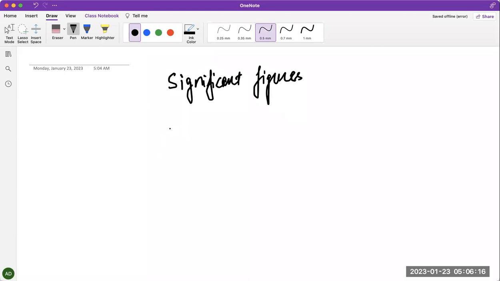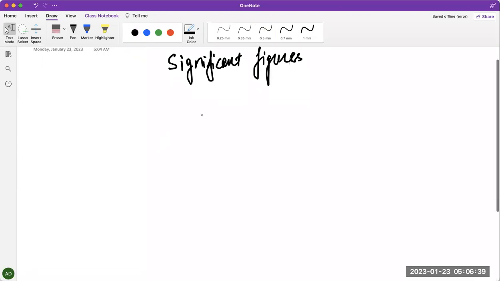The first thing we're going to learn is that you can look at a number and tell me how many significant figures there are. And then the second thing we'll learn is, when you're rounding off numbers, how do you follow the significant figures when it comes to multiplication, division, and addition and subtraction.